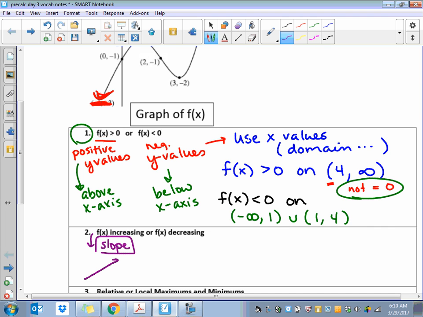What sections of the graph have a positive slope, which means that they're increasing, versus more of a negative downhill slope, which is decreasing.